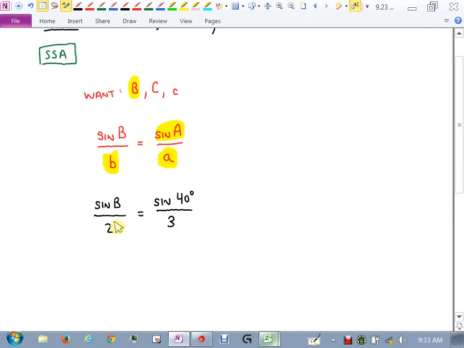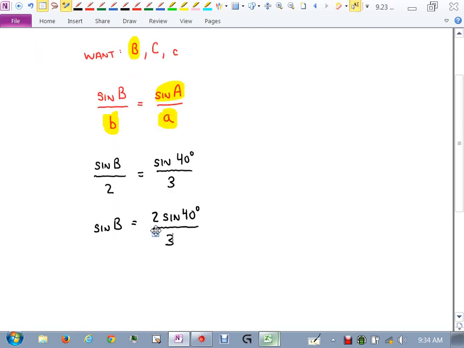Now to get sine B, what am I going to do? Multiply both sides by 2. So I get sine B is, let's see, I'm going to write it this way, 2 sine 40 over 3. So the 2 just goes on top with the sine 40, and then I still have division by 3, and I get on my calculator and figure out what that is.